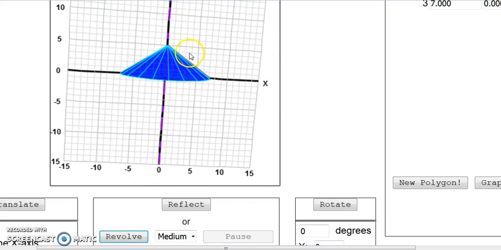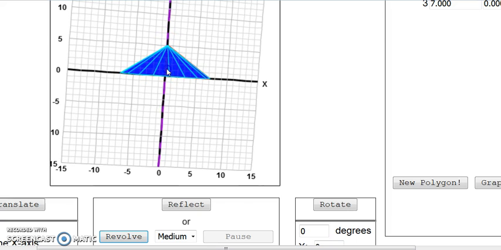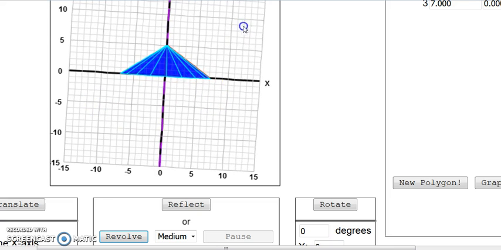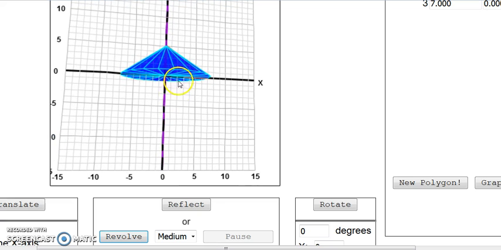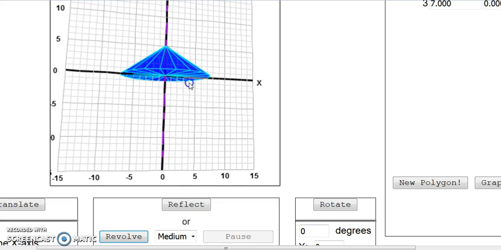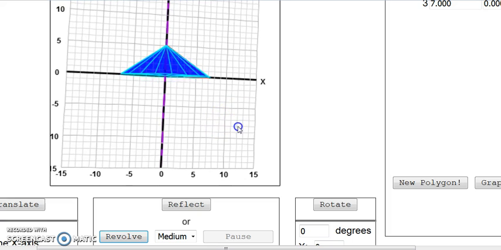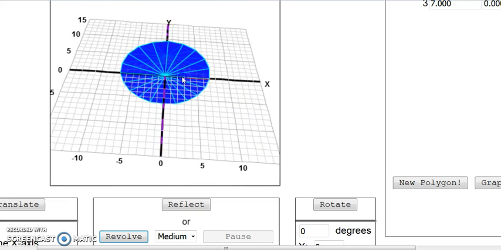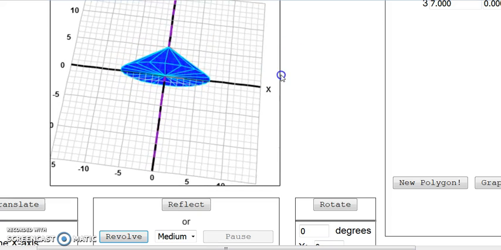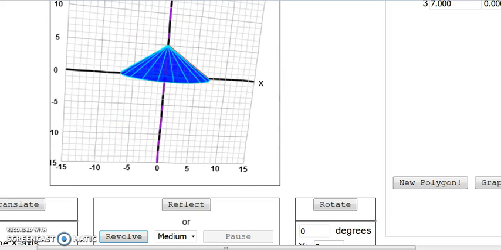If you notice, this vertical line here, the leg of the triangle that was on the axis, that became the height of the cone. The leg here that was perpendicular to the axis, that became the radius of that circular base. Okay? So that's what that looks like.